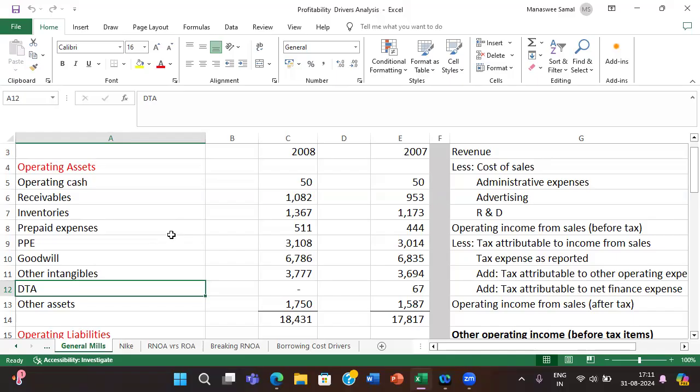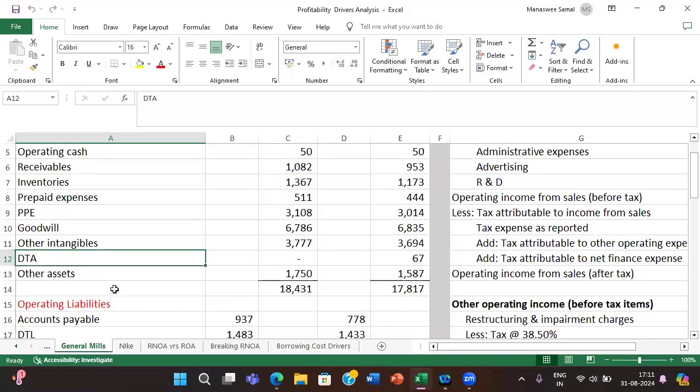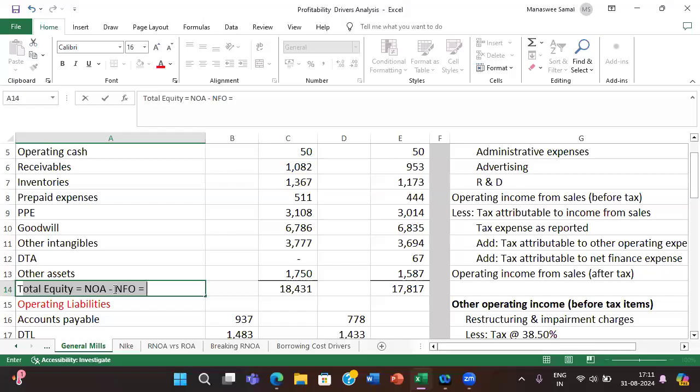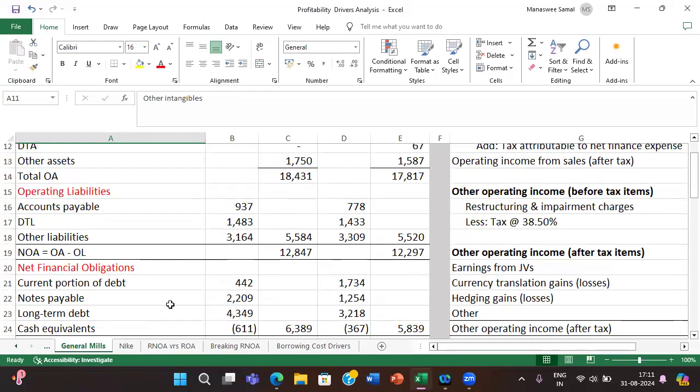This is the most vexed item in the financial statement, as I have mentioned many times. So that's the total operating assets you have, and I can put it here as total operating assets. Then as usual we have operating liabilities, that is accounts payable or trade payable.